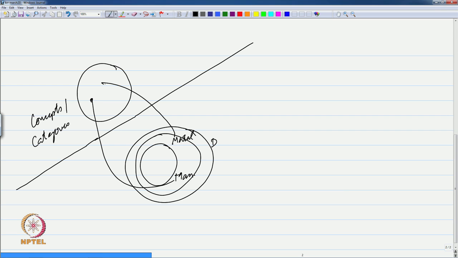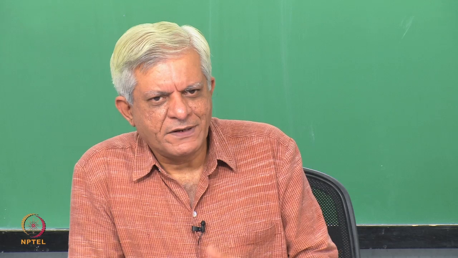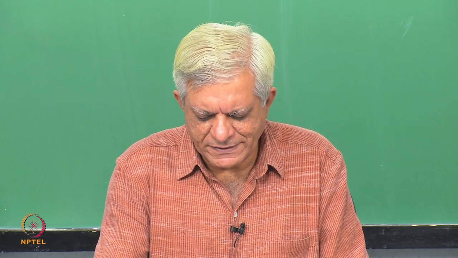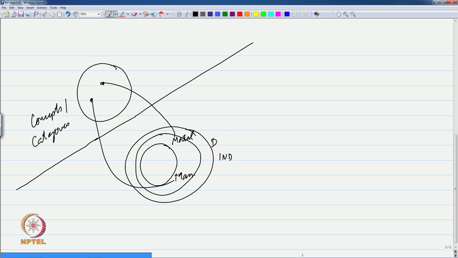When you talk about concepts, every element of that set is a concept, and when you talk about the domain, every element of this set is an individual. So the domain contains individuals, and we can have another set of concepts.